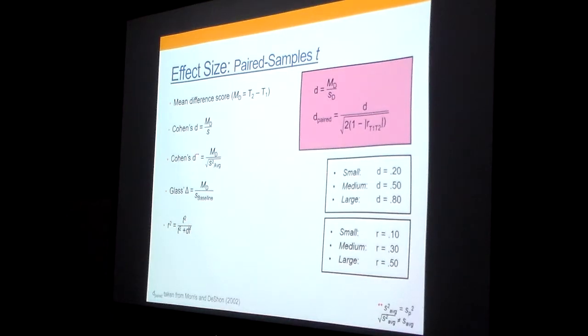But if we're looking at the standard deviation of our difference scores, even though we're all over the place, the amount of change that we get is pretty uniform, right?